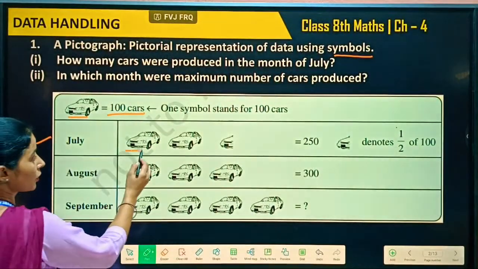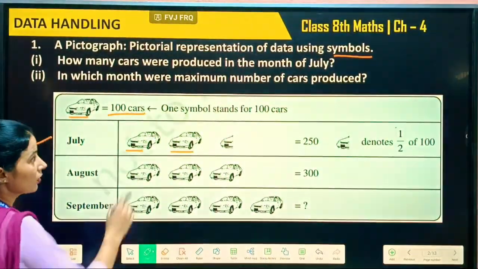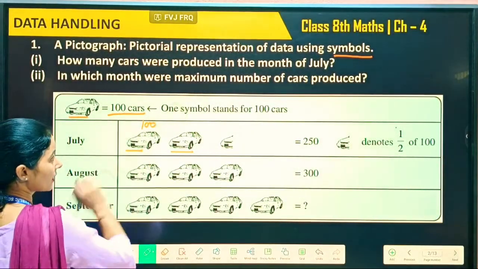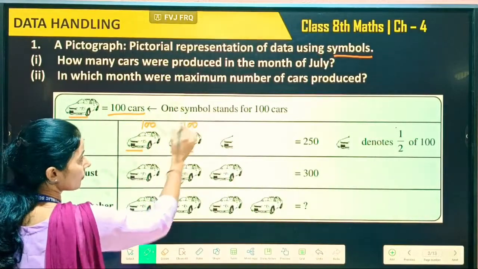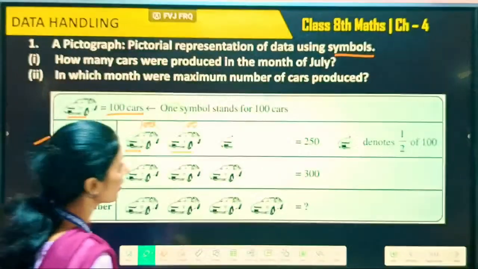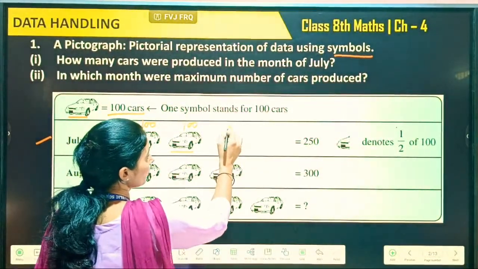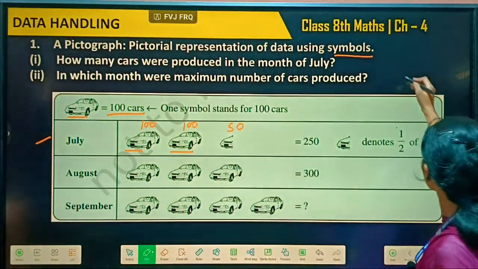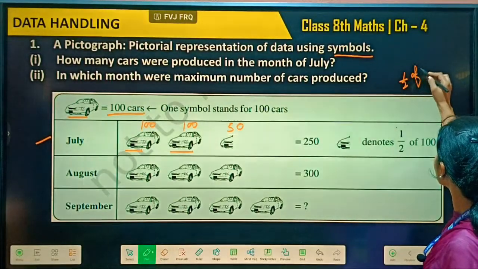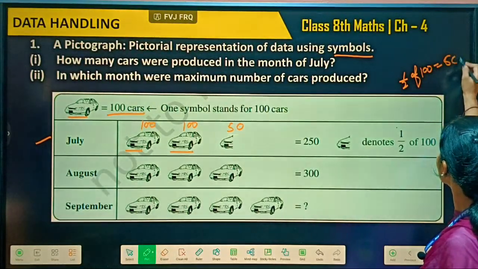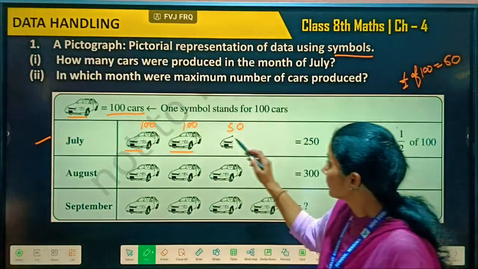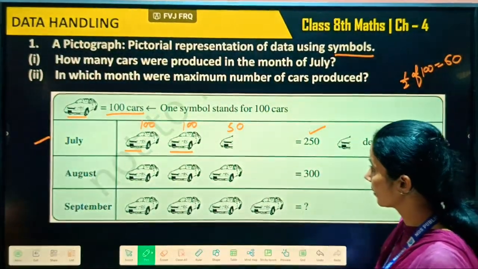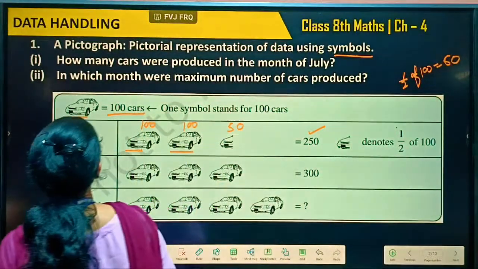One symbol is representing 100 cars, this also will represent 100, and this half symbol is representing half of 100, that is 50. So the total cars produced in the month of July are 250.